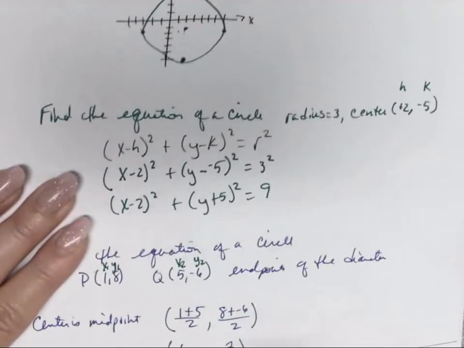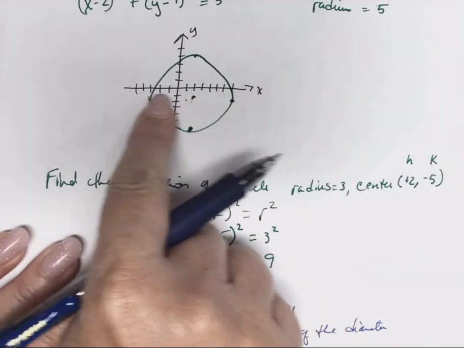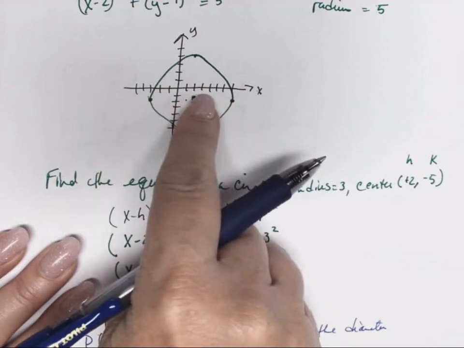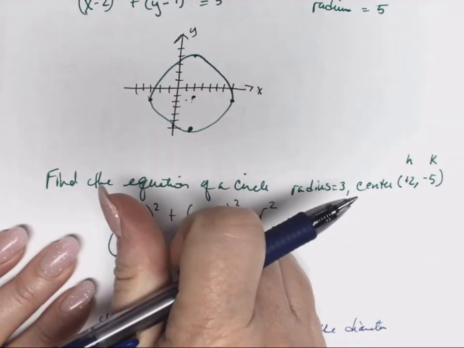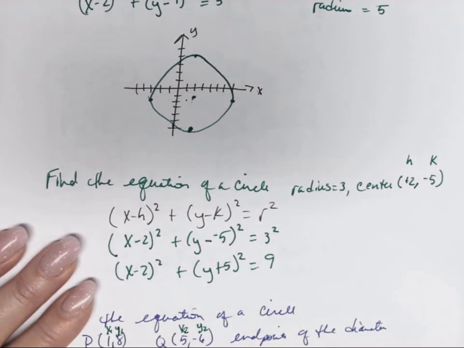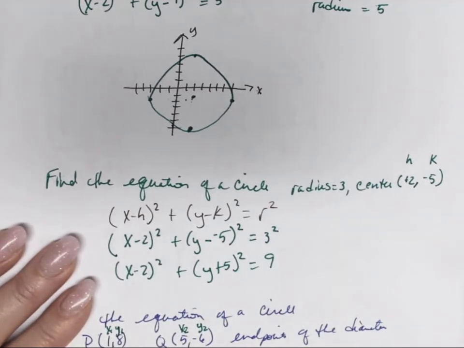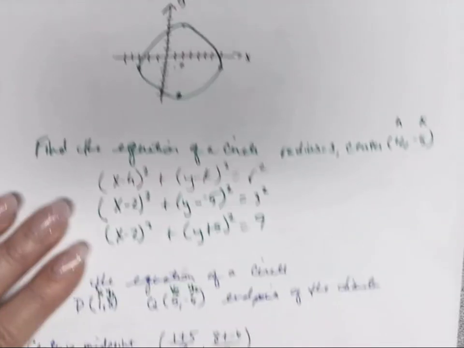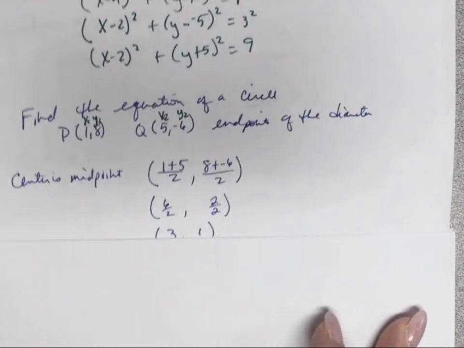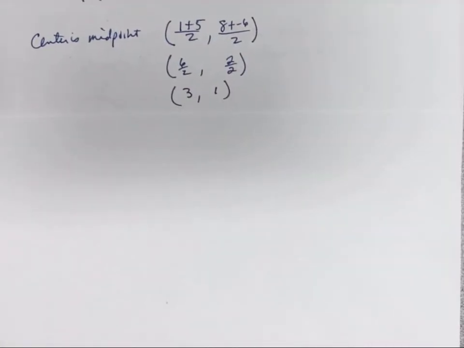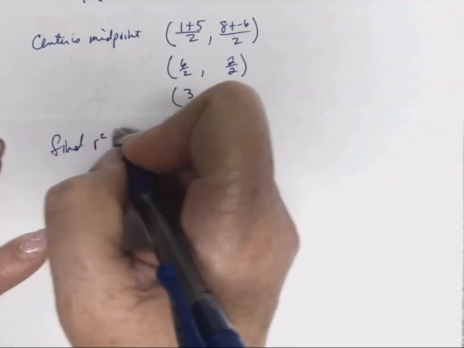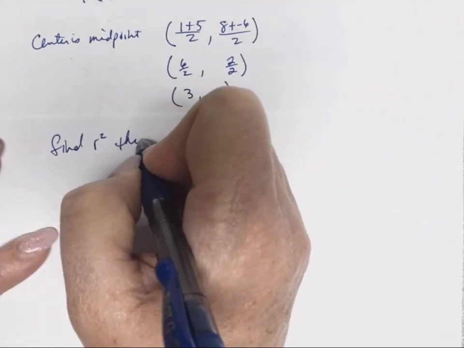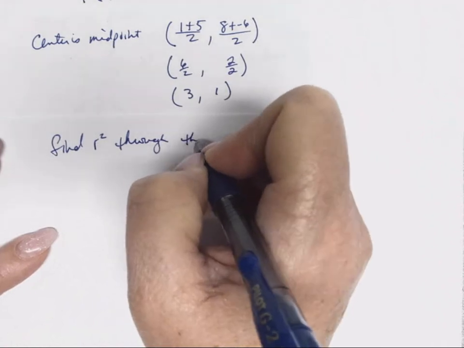So remember again that the diameter is going across, and it's the distance between those, and half of that distance is going to be the radius. Well, we have a distance formula, so we're going to find the radius through the distance formula. So let's find r squared through the distance formula.